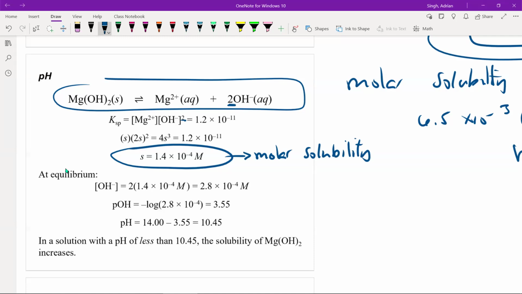So at equilibrium, the concentration of the hydroxide is 2 times the S that we just determined, which was 1.4 times 10 to the -4. So we can determine the pOH, and then by extension, the pH of the solution, which is 10.45.